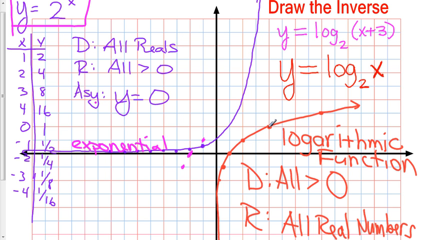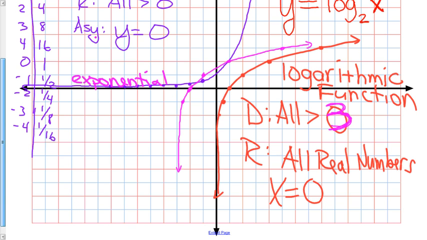And your function would look like this. With that type of logarithmic function, the domain would change to all x greater than 3. The range would still be all reals, and now our asymptote would be x equals 3. Where it crosses the x-axis would also change, and that would be at (-2, 0).